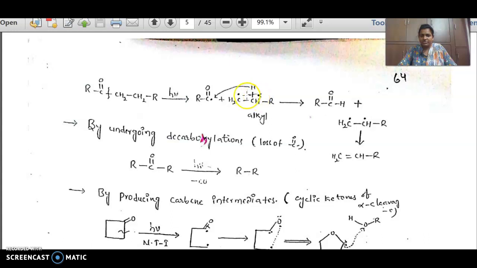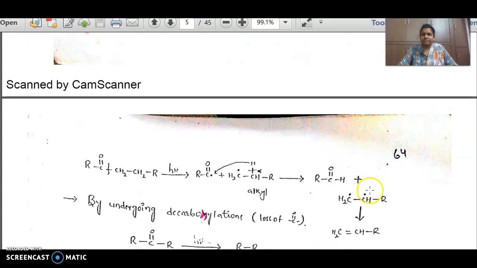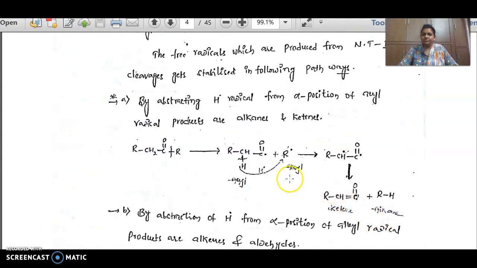By the cleavage of this bond you will get a radical on this carbon. On this carbon a radical is already there, so this will form a bond. You will get CH2=CHR. It forms an alkene. The aldehyde and the alkene are the products. The first method is if the alkyl radical is taking hydrogen from the acyl radical.